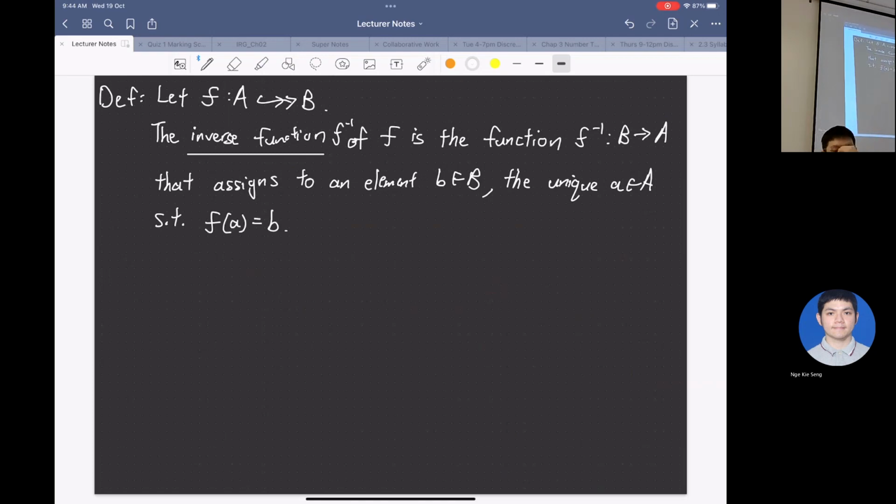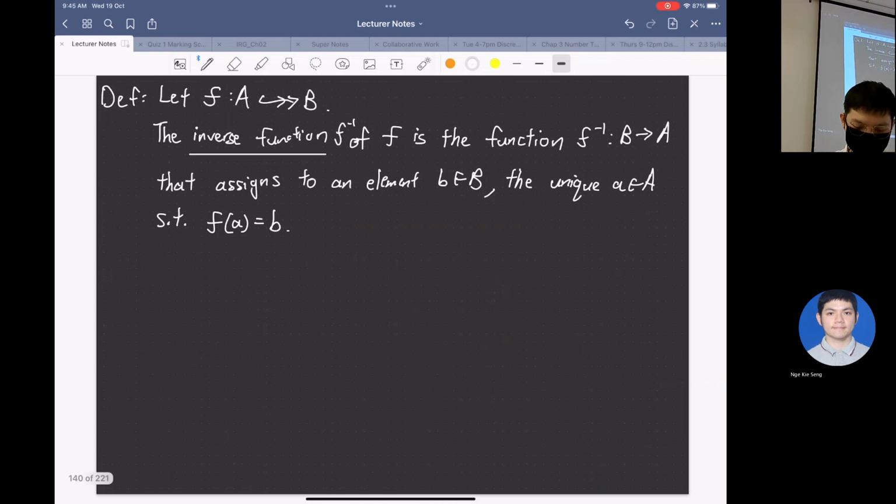So you give me a b, I go and find this a using the bijection I have, right? Since it's a bijection, it is onto. So if it is onto, then I can find the pre-image. So hence f inverse of b is a.